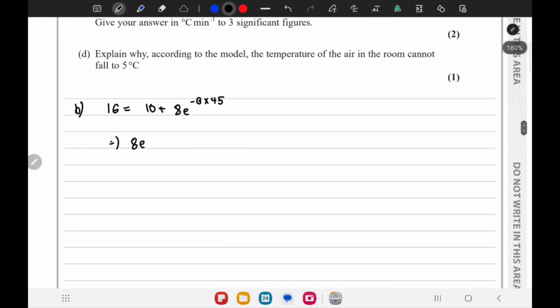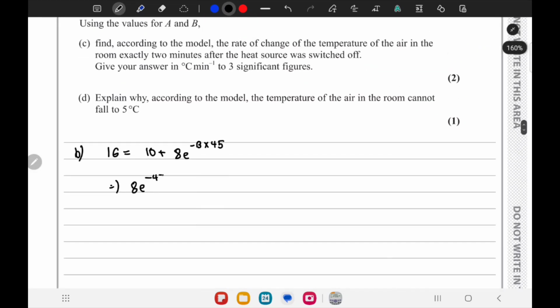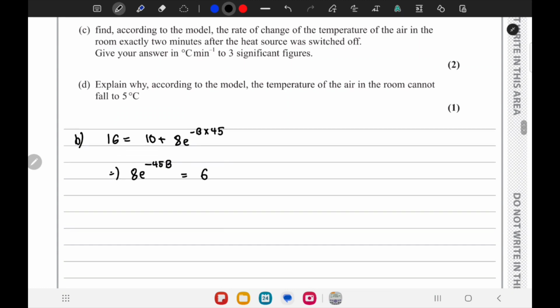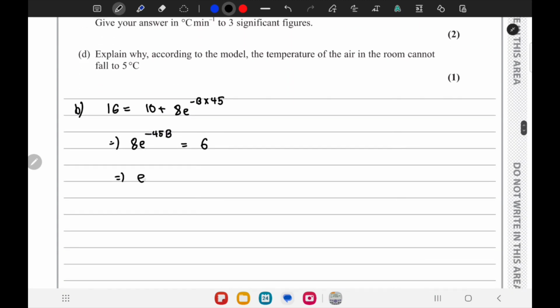So 8 e to the power minus 45b will be 6. We can take the 8 to that side, so e to the power minus 45b will be 3 by 4.